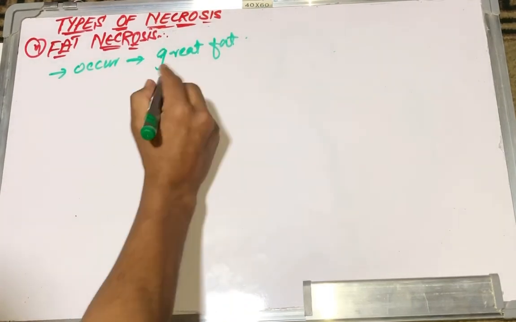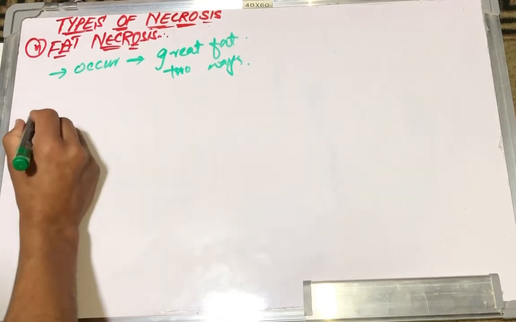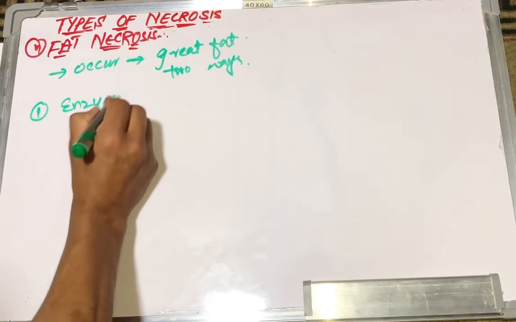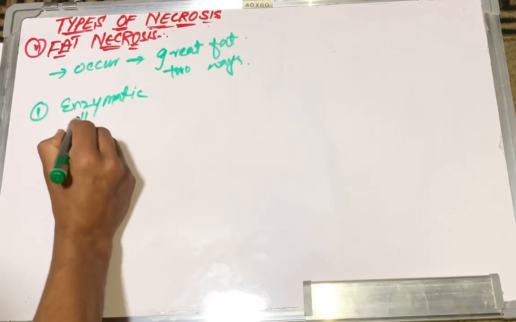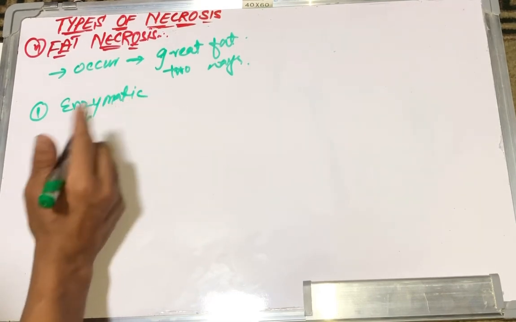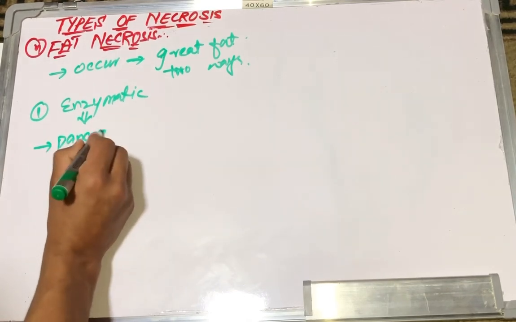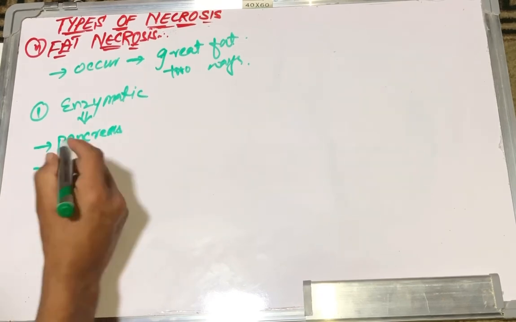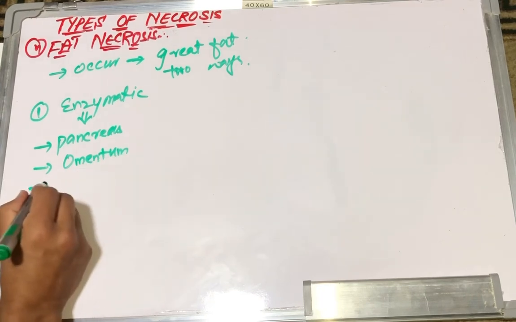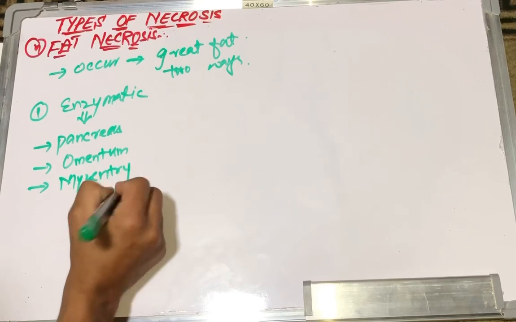Fat necrosis occurs in 2 ways. First, it may occur by enzymatic action. The sites where it occurs are the pancreas, the omentum, and the mesentery.